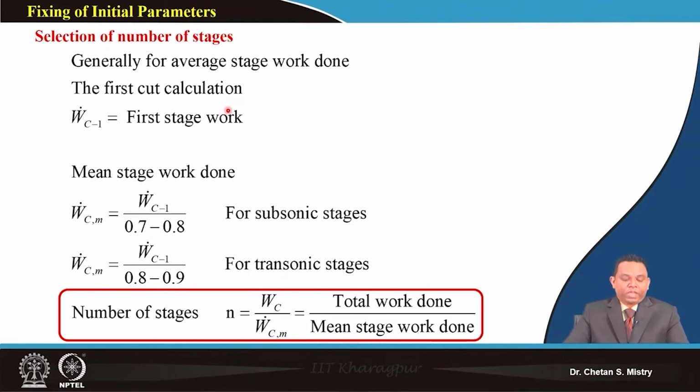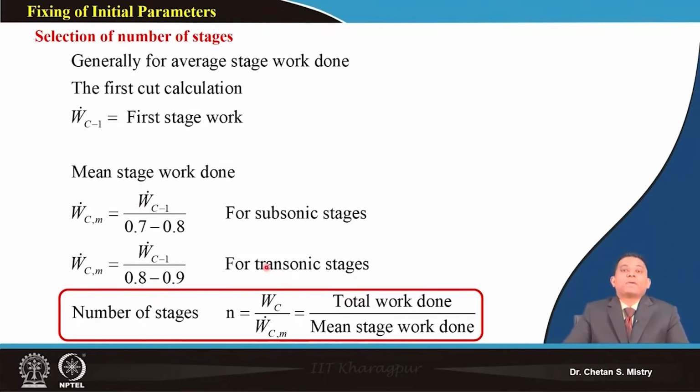Okay. So conventionally we can calculate our first stage work done based on our fundamental Euler's equation. After that calculation, suppose I consider all my stages to be subsonic stages, so we can consider the later stages of HP as subsonic stages. For that we can calculate the mean stage work done, which is nothing but my first stage work done divided by 0.7 or 0.8.